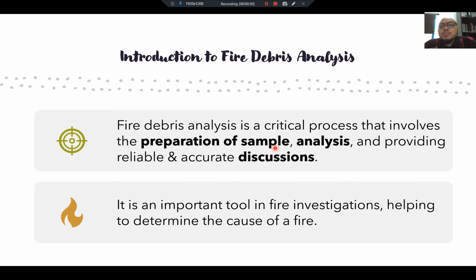So not only are we providing the raw data or results, we need to provide the interpretation as well. This is very important in fire investigation. If we focus on fire debris analysis, based on the analysis, we can provide the cause of fire.